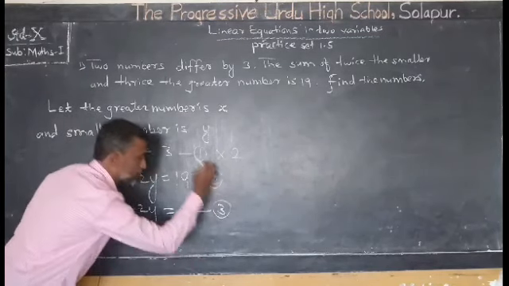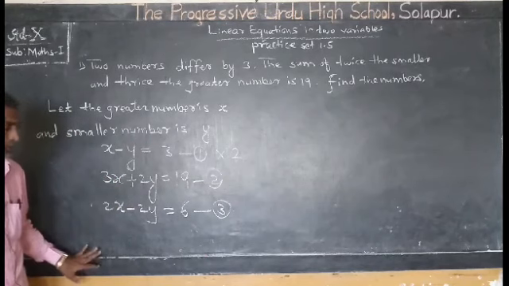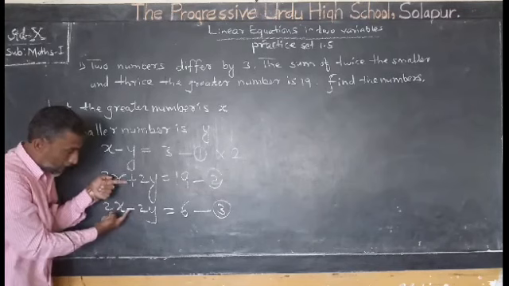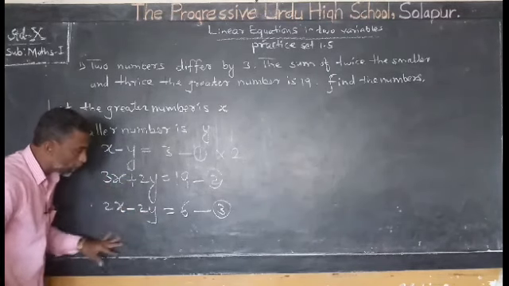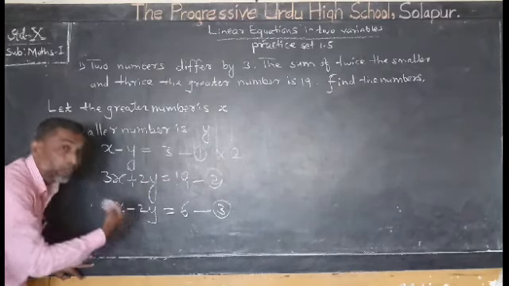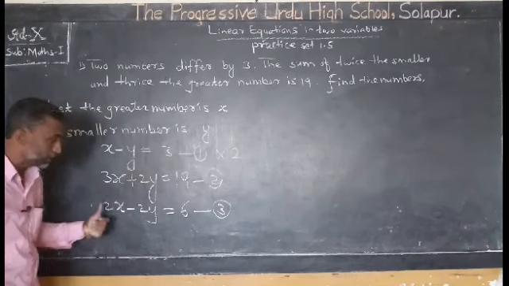Name it equation number 3. Now observe 2 and 3. Here the coefficients are equal, the signs are opposite, so you can add 2 and 3, because plus 2y and minus 2y will eliminate, and you will get the value of the first variable x.